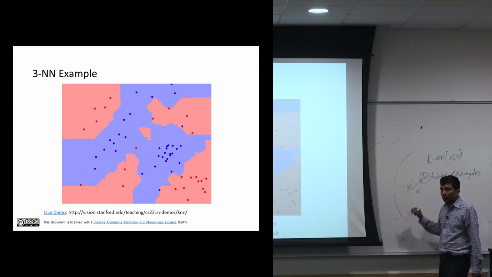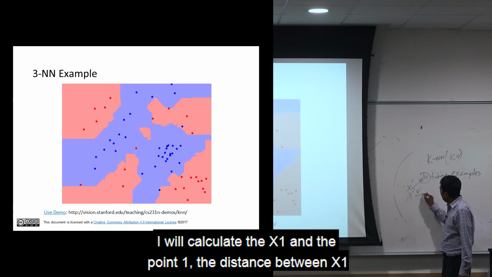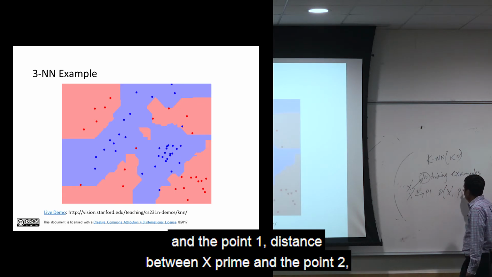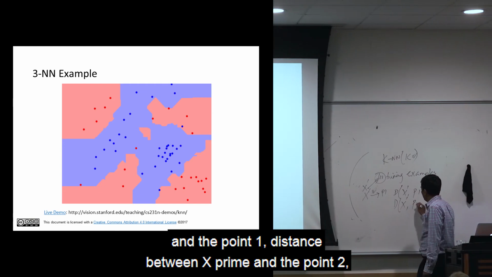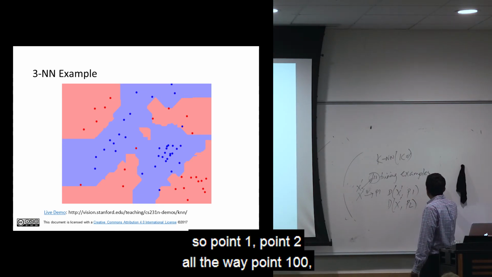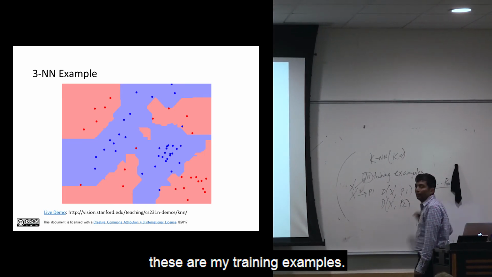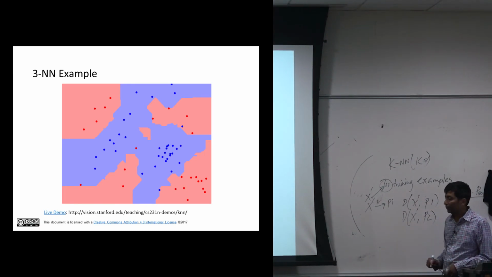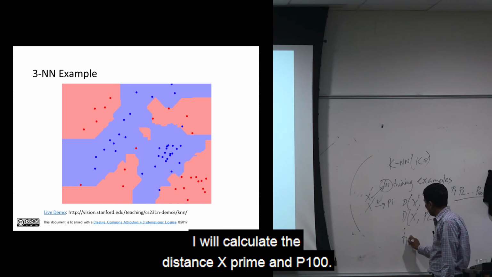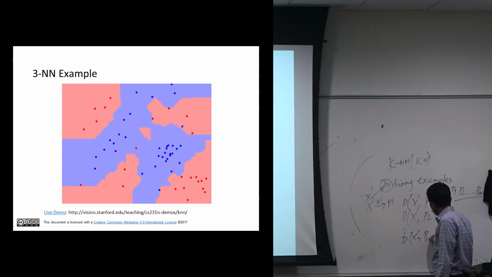So I will calculate the distance between x prime and point 1, the distance between x prime and point 2, all the way to point 100. These are my training examples. That means I will calculate the distance between x prime and p100.